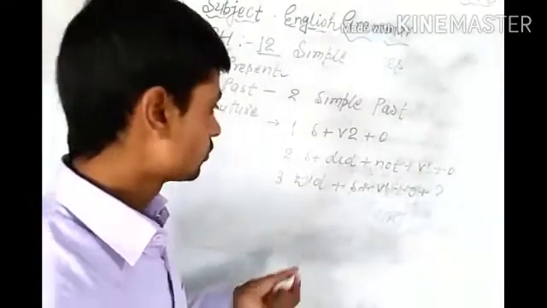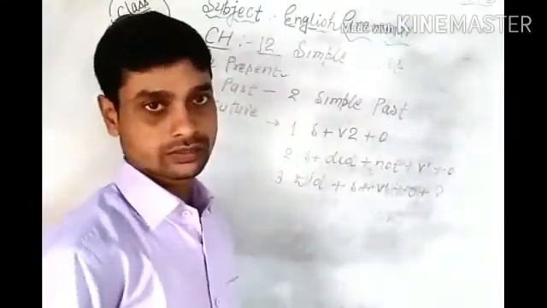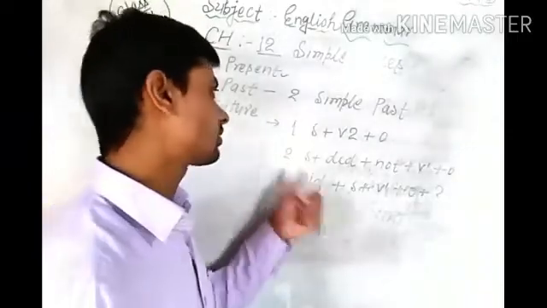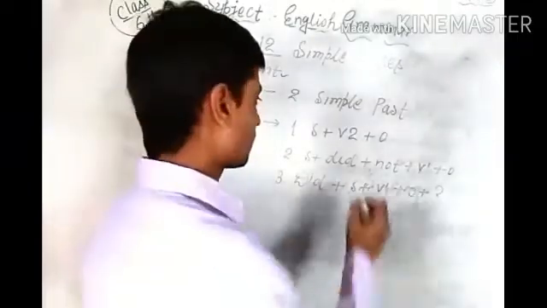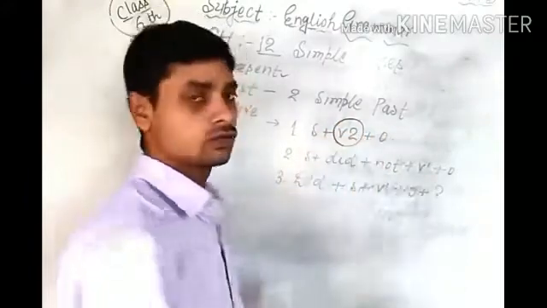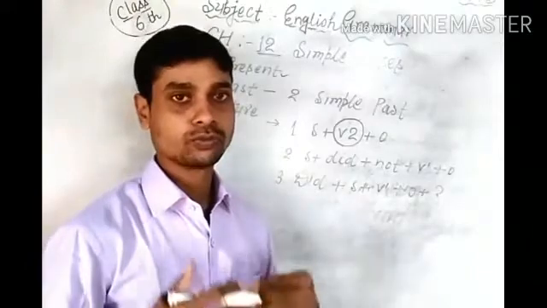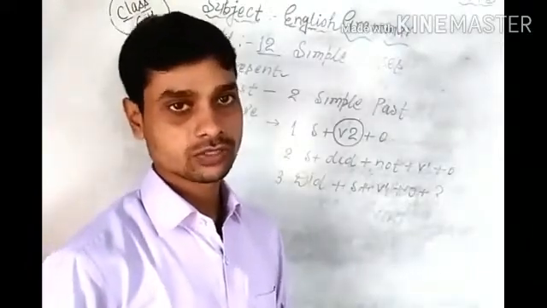According to this we have to make the sentences. In simple past tense the verb 2 is very necessary, and you have to learn the verb forms. It is very necessary to make sentences according to tenses.